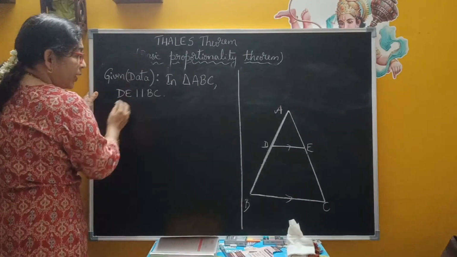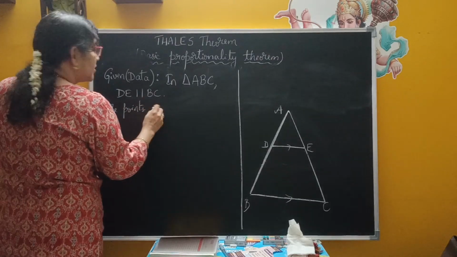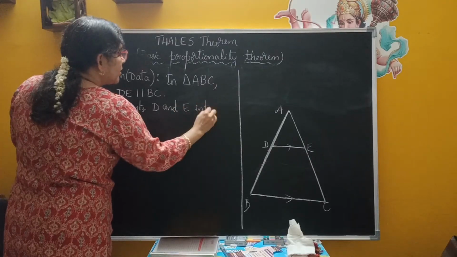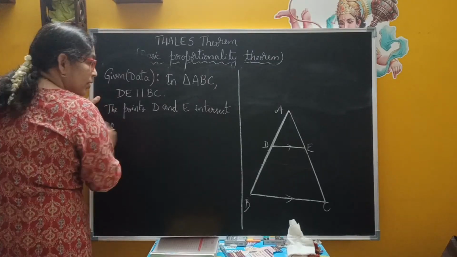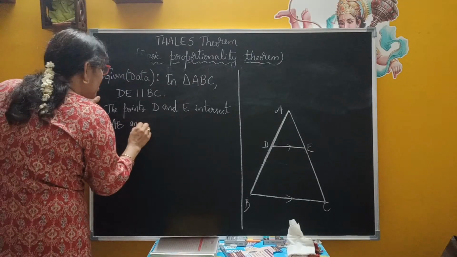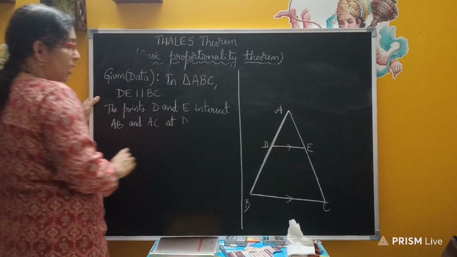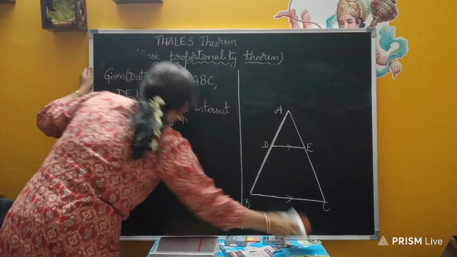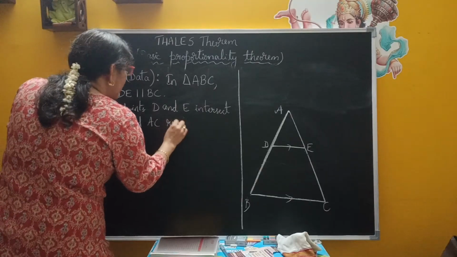The points D and E intersect AB and AC respectively.